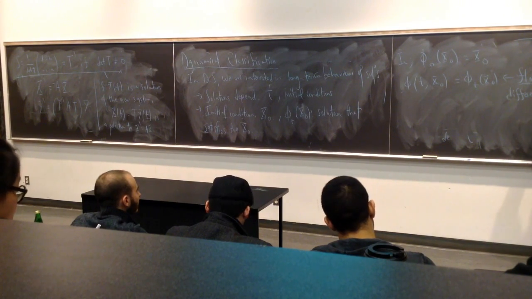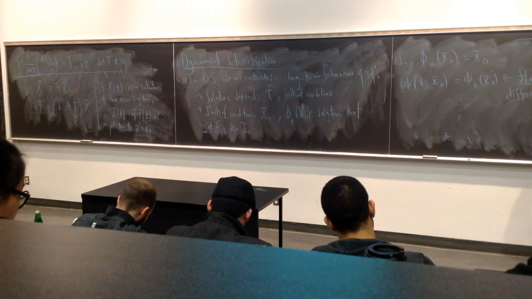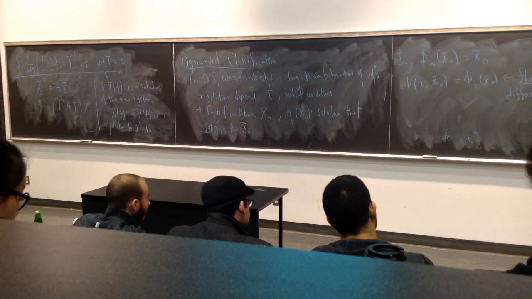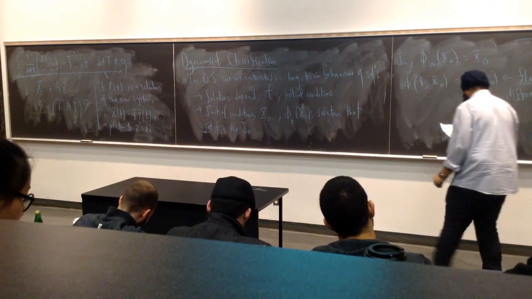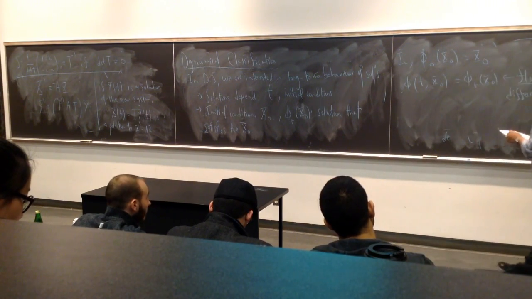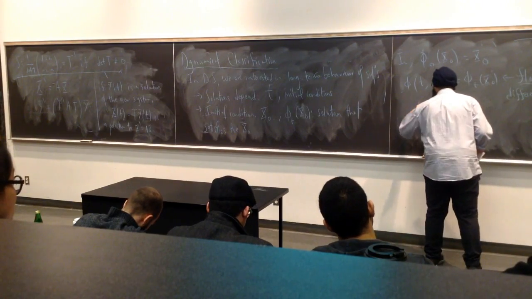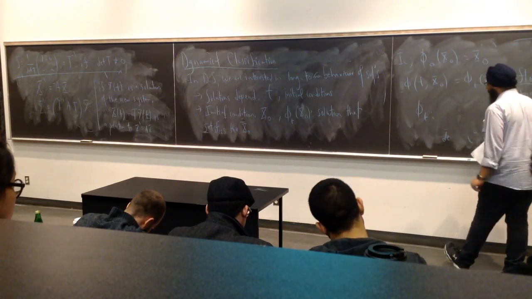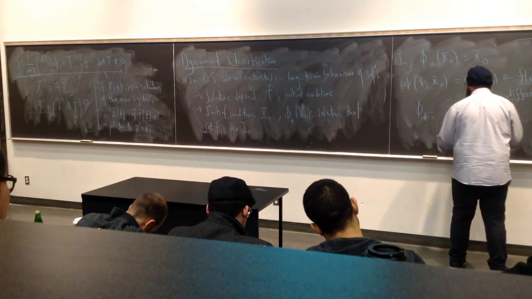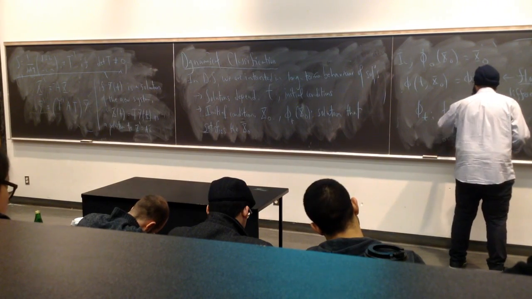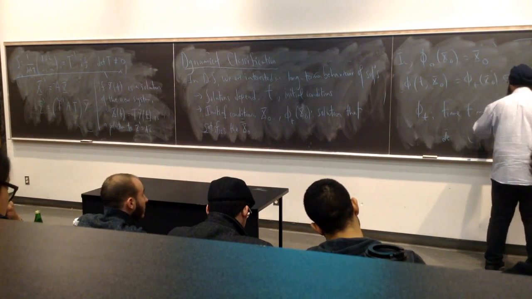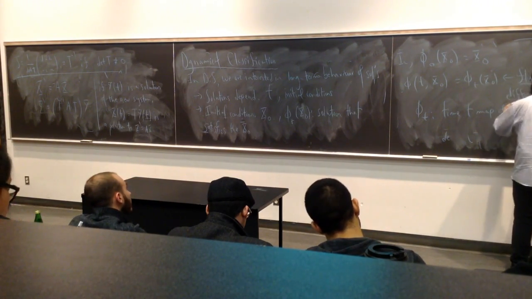A very, very important concept, especially when it comes to nonlinear systems. And some people just write phi sub t, and what they mean is the time t map of the flow.